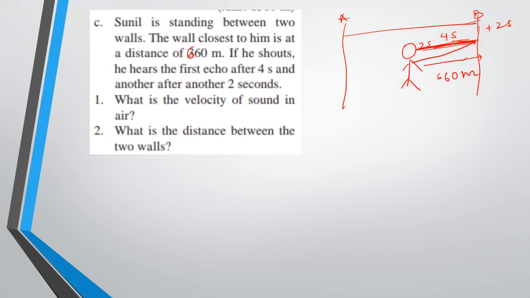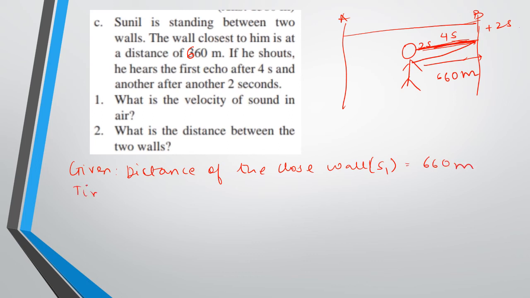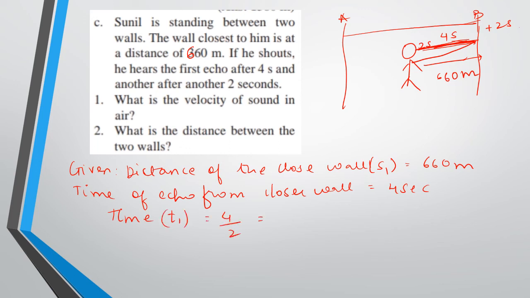Okay. So solution, or we'll write first, given: distance of the closer wall, we'll take it as S1, is equal to 660 meters. Time of echo from the closer wall is 4 seconds, but as I said that is the total time, so 4 upon 2 is equal to 2 seconds.